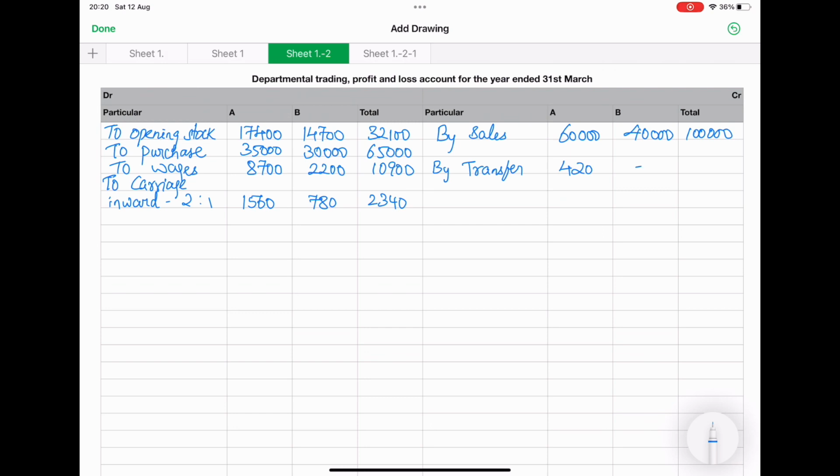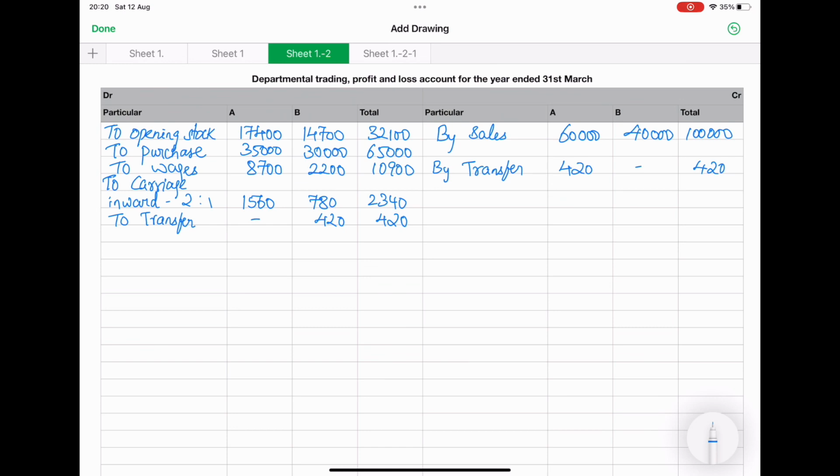It will be nil for B, and total will be 420. For department B we are going to consider the transfer as purchases, right? So 420 in the total. This is how we are going to write.